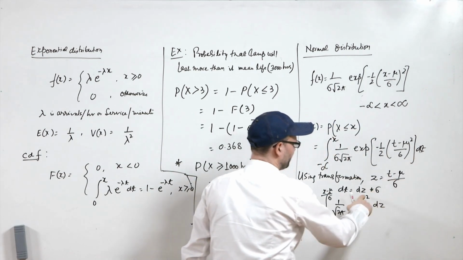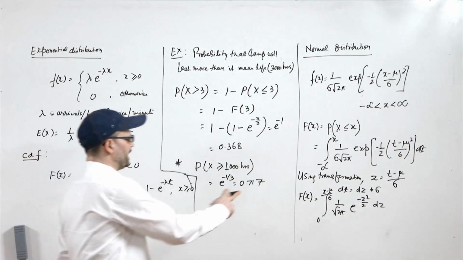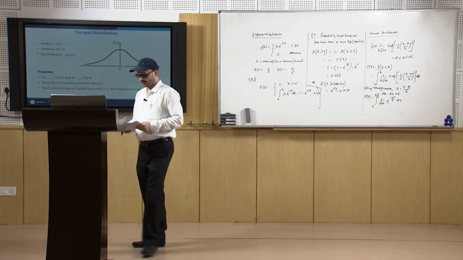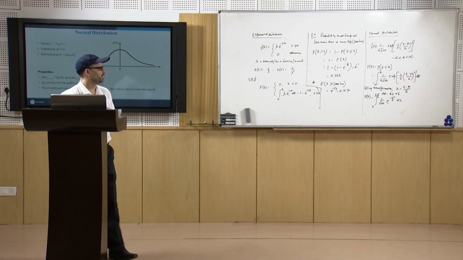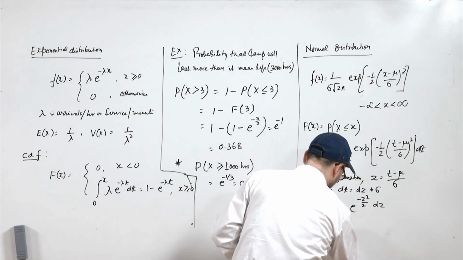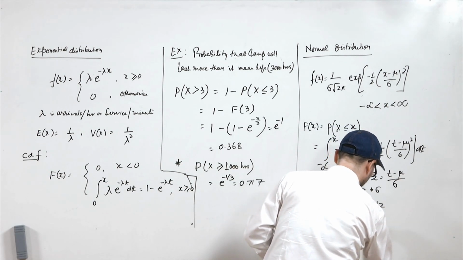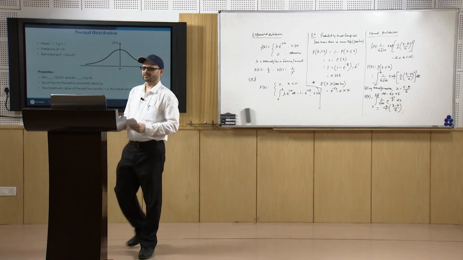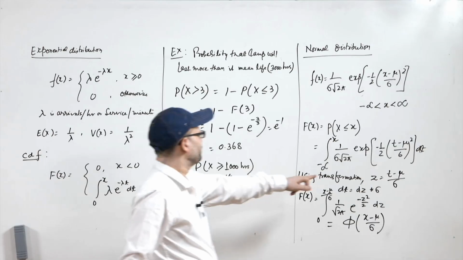Because dt will be dz into sigma, this sigma and that sigma cancel. So, that comes as e to the power minus z square by 2 into dz. And we can further do the computation and write it as a function phi of (x minus mu) upon sigma. Basically, this (x minus mu) upon sigma is the value of z which we look at.